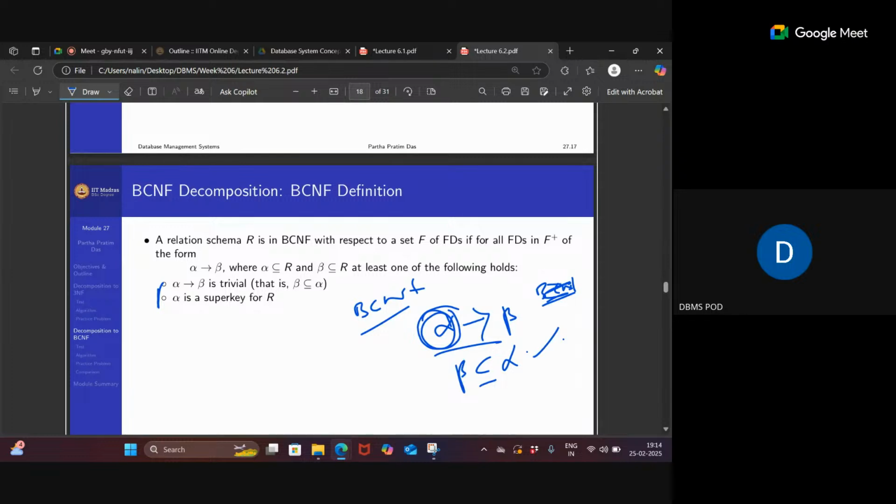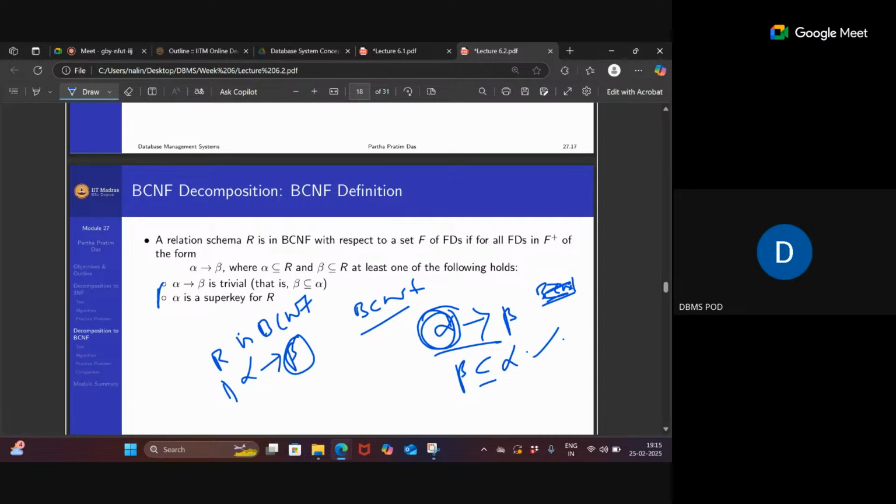So for a given relation R, if we have a set of FDs, at least one of the following conditions should hold for each FD: alpha determines beta, where beta must be a subset of or equal to alpha, or alpha must be a super key. If this condition holds for the given FDs, then we can say our given relation is in BCNF.